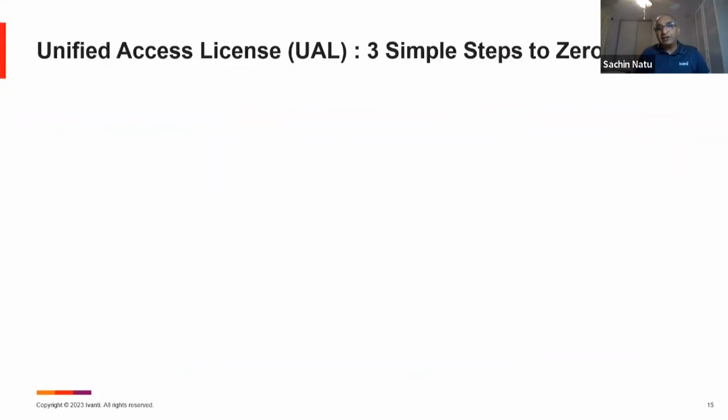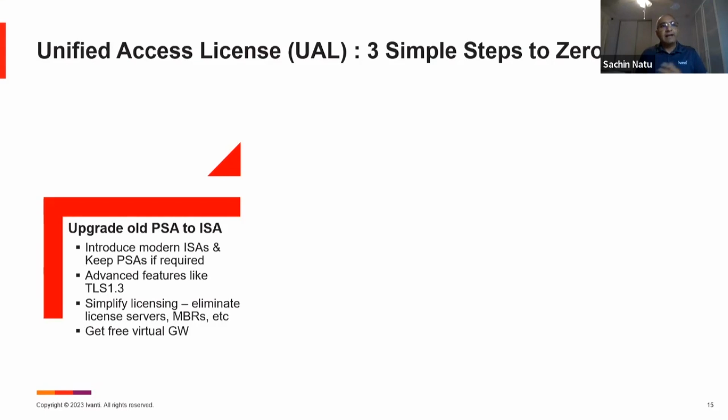And even commercially, we have a very interesting offer. Think about this as an all you can eat buffet, where you can run VPN as well as ZTA under one license. In that license, you get to upgrade from PSA to ISA, and the virtual gateways are free.